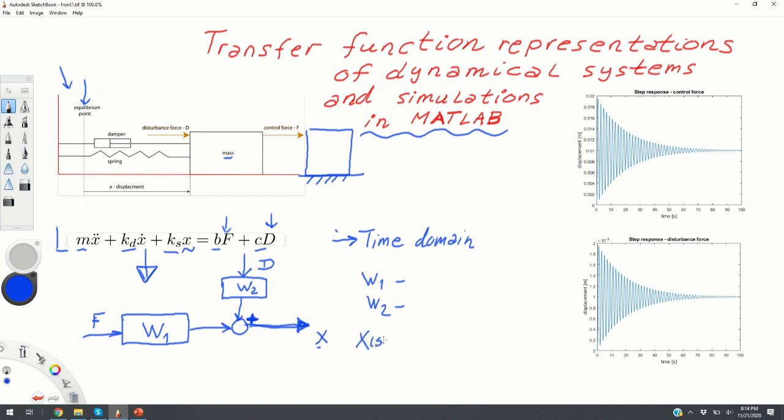X of s is equal to W1 of s times F plus W2 of s times D. Again, W1 and W2 are system transfer functions.